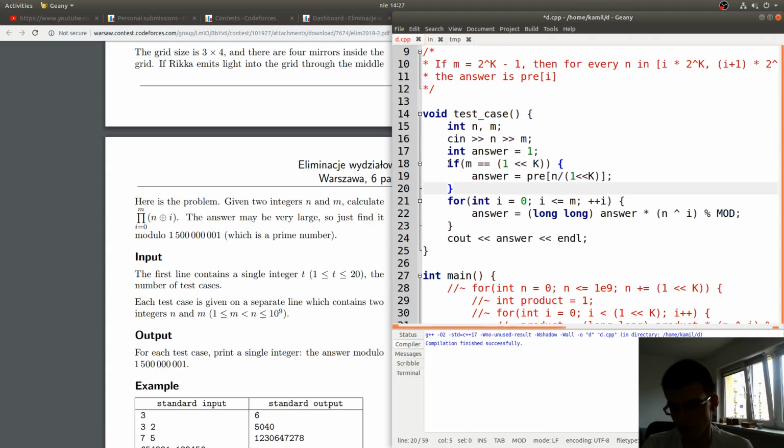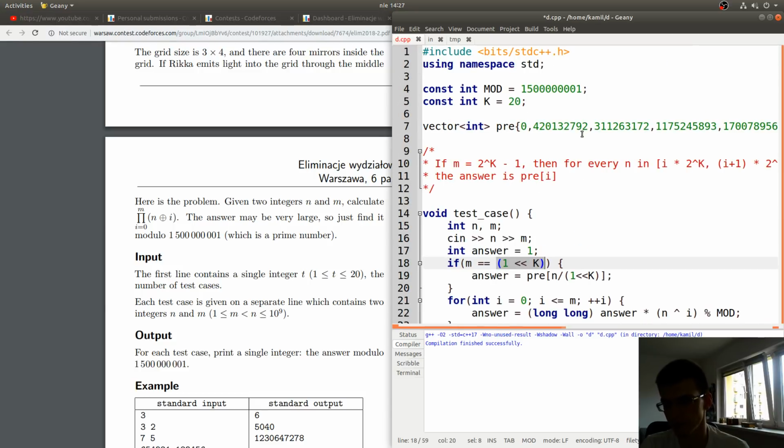Okay, but not necessarily m is equal to that. Of course, if m is equal to, for example, 3 times this value, then we just multiply like 3 consecutive values, because we have product of first 1 million numbers, then next 2 million numbers, and next 1 million numbers, and so on.